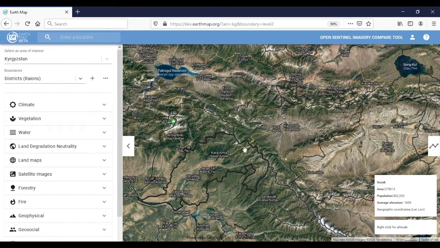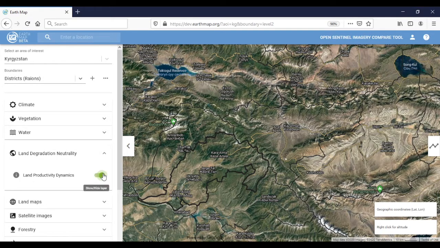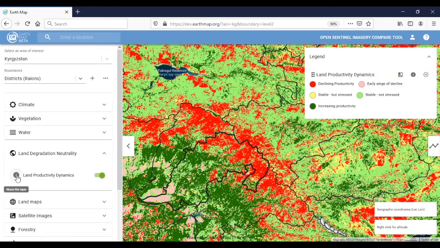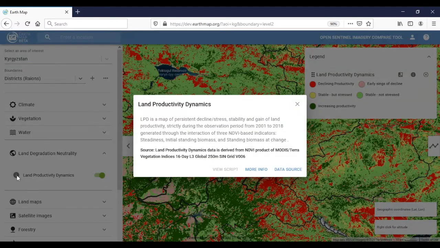I will propose to start the analysis in one of the districts, Susak, and activating the land productivity dynamics layer. Information about this layer can always be accessed. This land productivity dynamics is a map of persistence, decline, stress, stability, and gain of land productivity strictly during the observation period from 2001 to 2018.